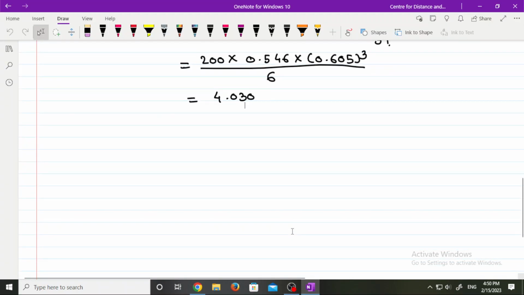In the same way, we calculate the number of pages having 4 errors.